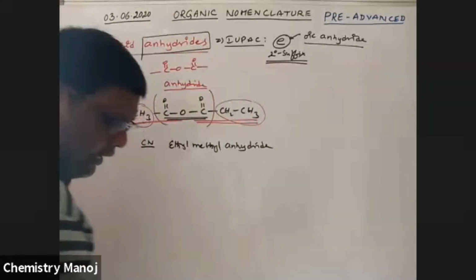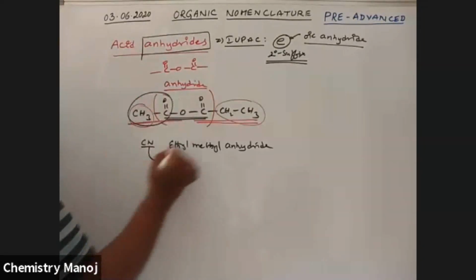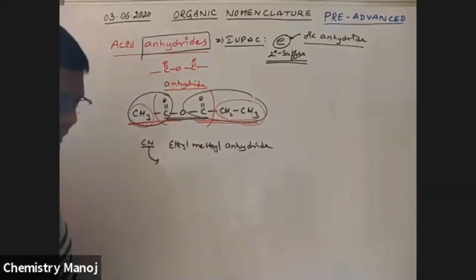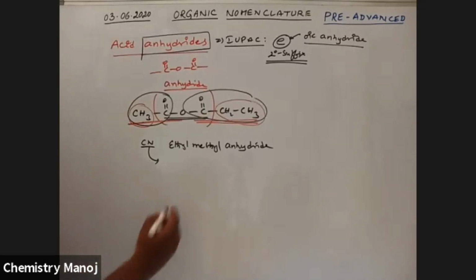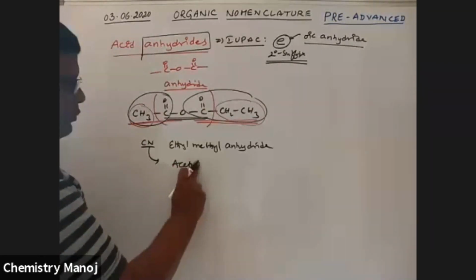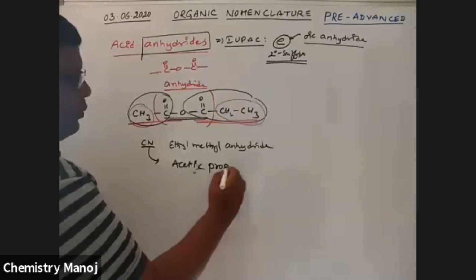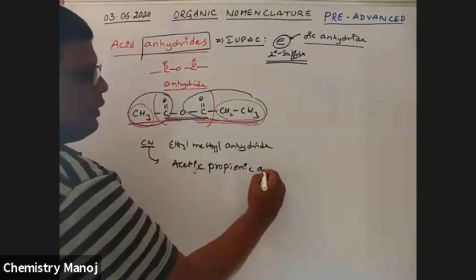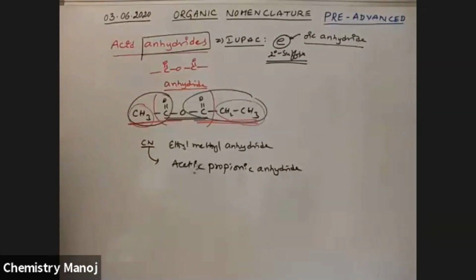Or also they can add, it is acetic, it is propanoic, that is propionic: acetic propionic anhydride.